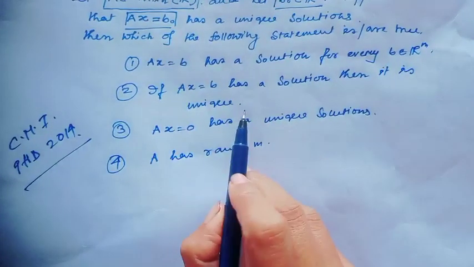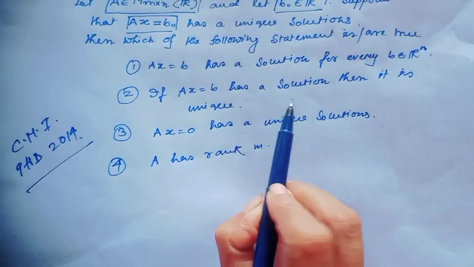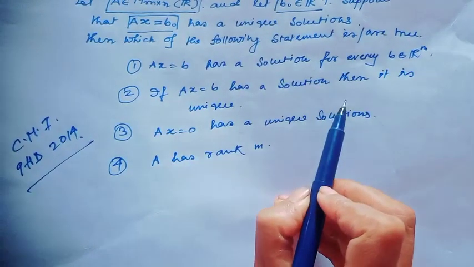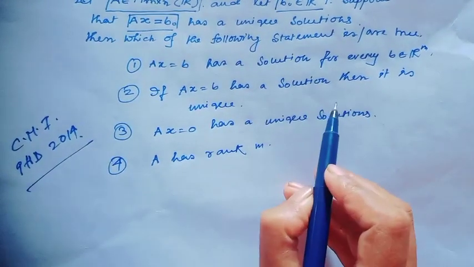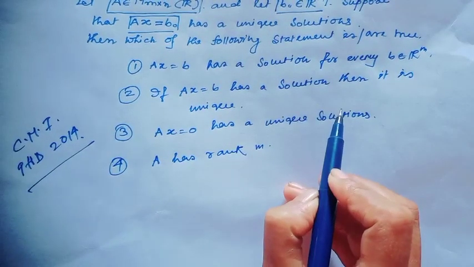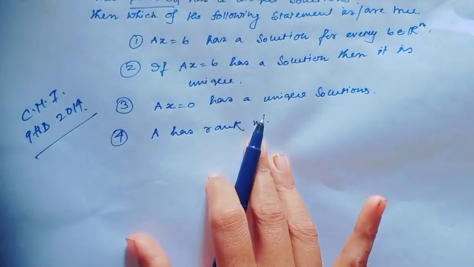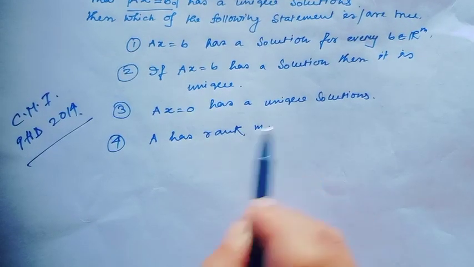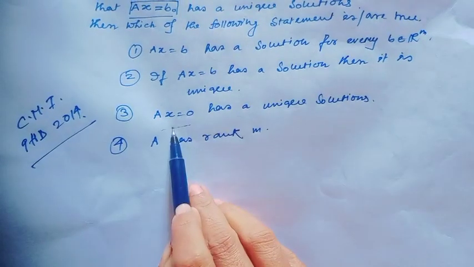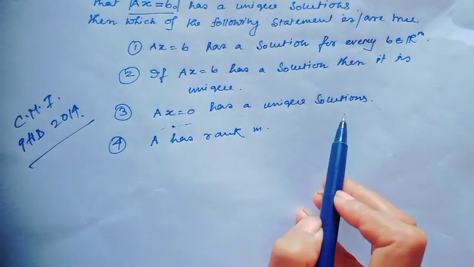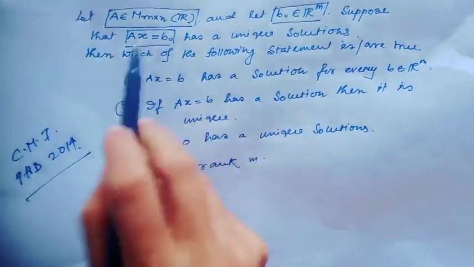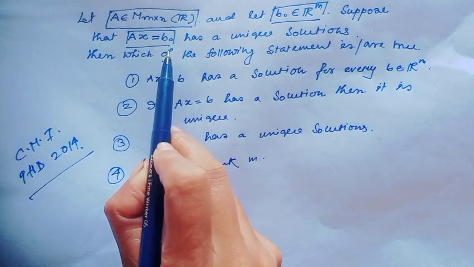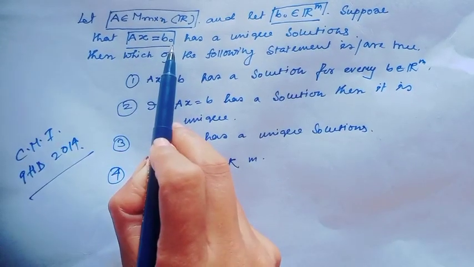Option 2. If Ax equal to b has a solution, then this solution is unique. Option 3. Ax equal to 0, the homogeneous equation, always implies a unique solution if there exists a unique solution of the non-homogeneous equation for a particular b naught.